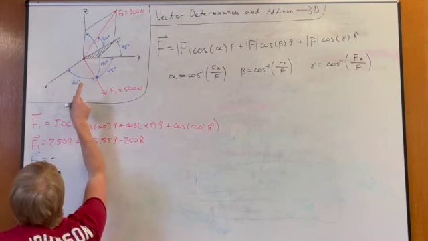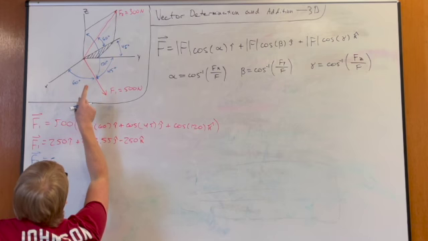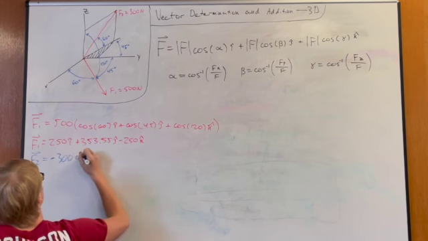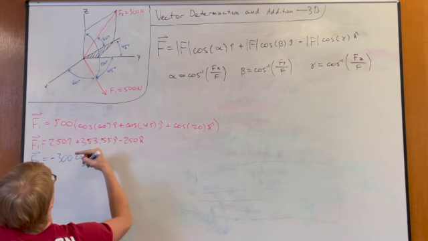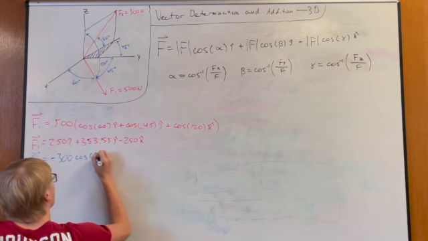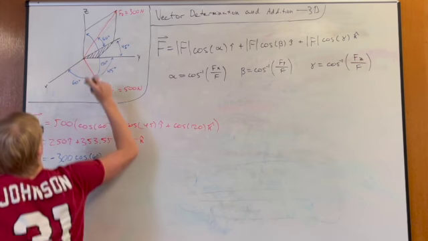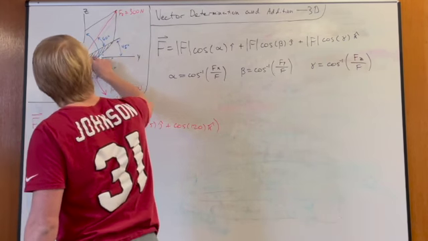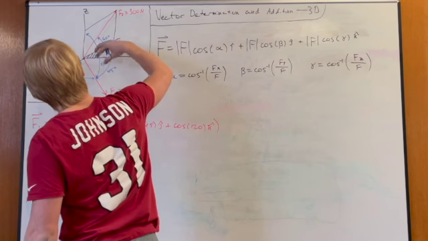But what we know is that red line. And so if we take 300 times the cosine of 60, we're going to get this line right here, which is the hypotenuse of this triangle on the bottom.